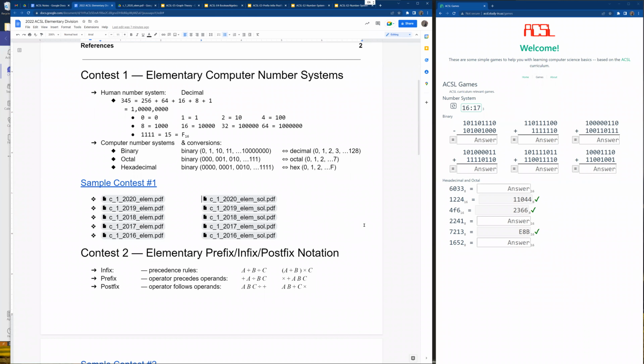The infix notation is basically what you learn at school, right? A plus B, like I have two expressions here: A plus B divided by C. With infix, you have to watch the precedence rules, right? That's why I put that here as a key point.